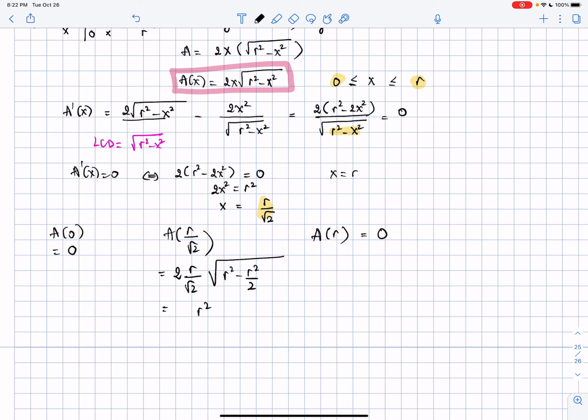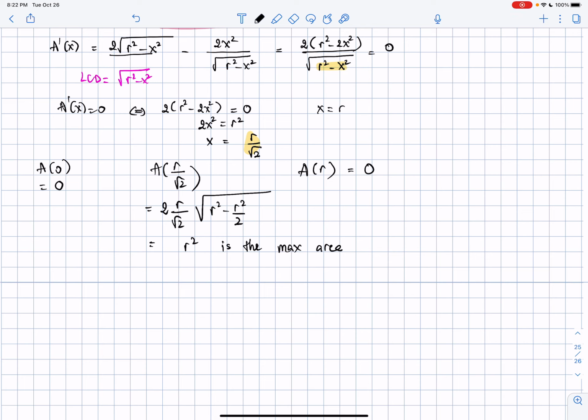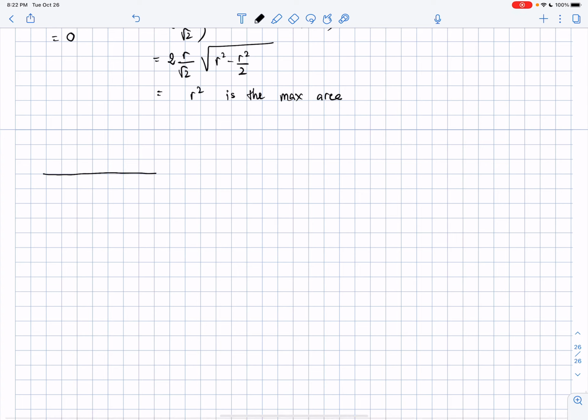Okay, so we have another way to solve this problem using trigonometry. We don't have to use calculus to do that. So let's draw the semicircle again, and also we have y here and x here.